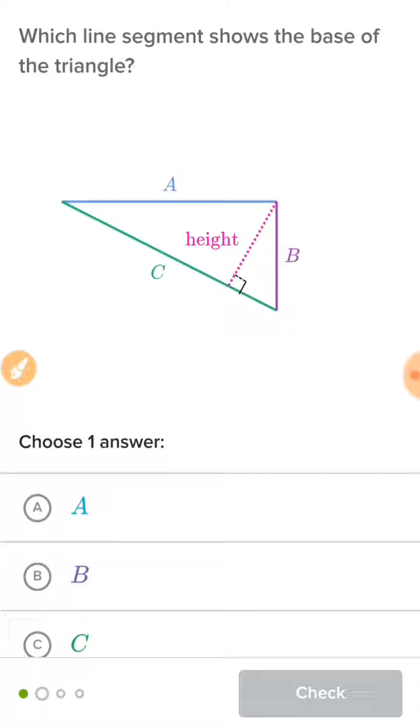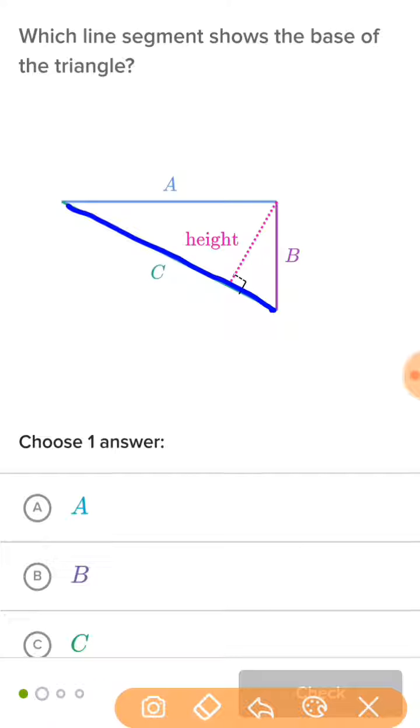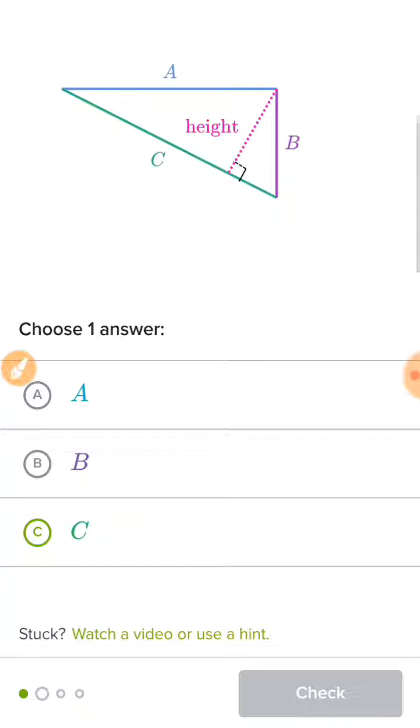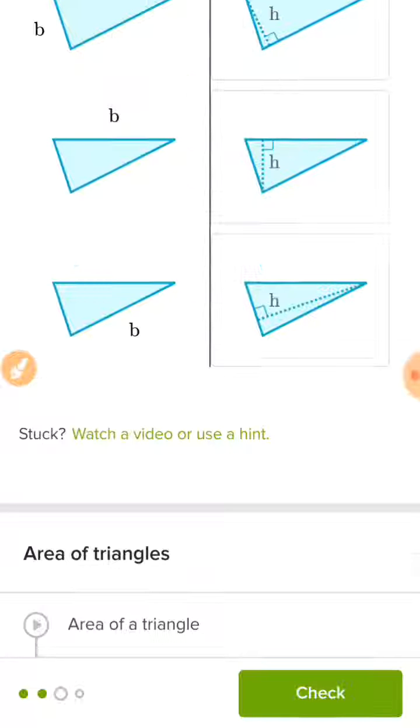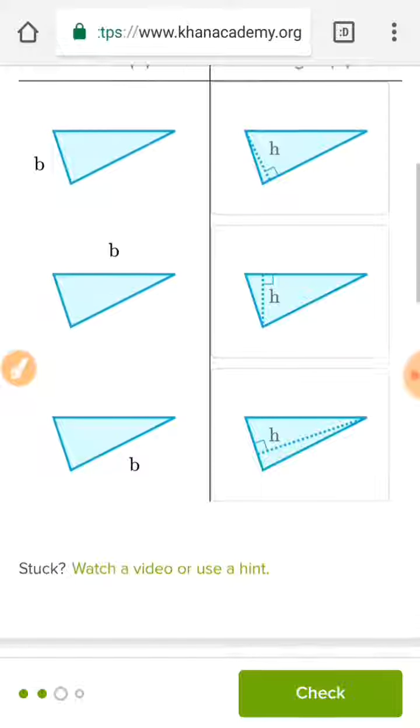So again, going back to the one before, so we know here that we have a height. The height's here, height's right here. The base would have to be C. Just want to run through these to get to some other of the slanted triangles.